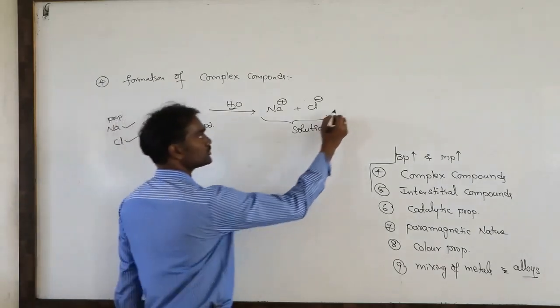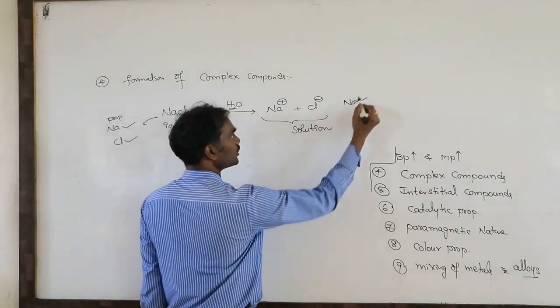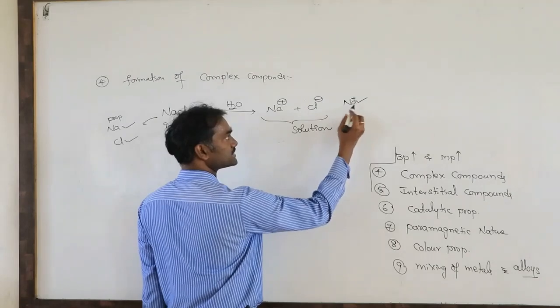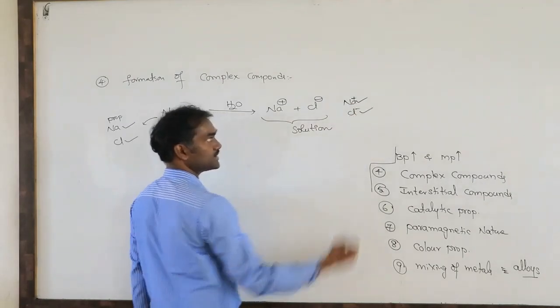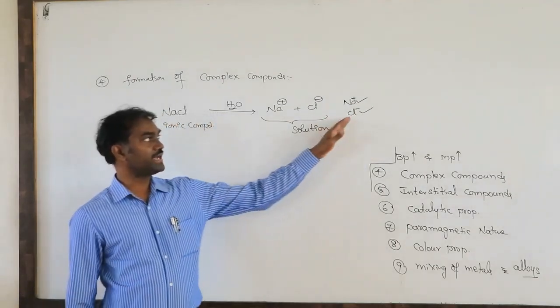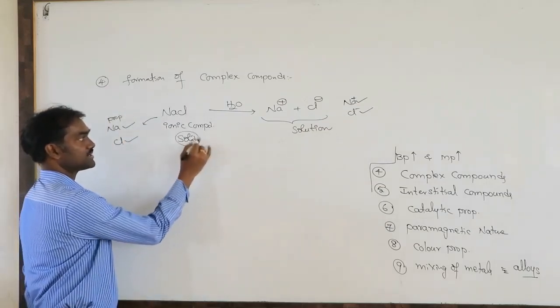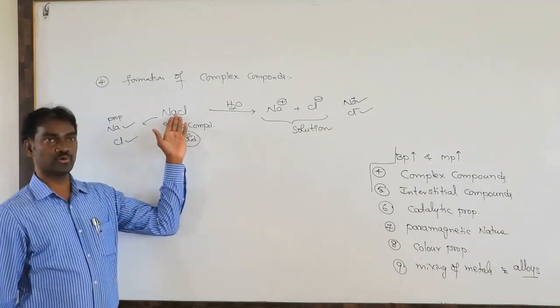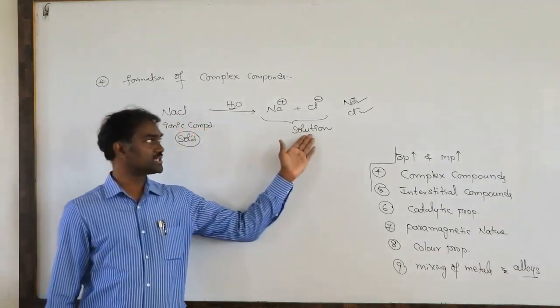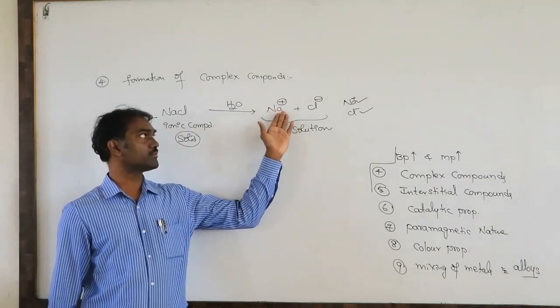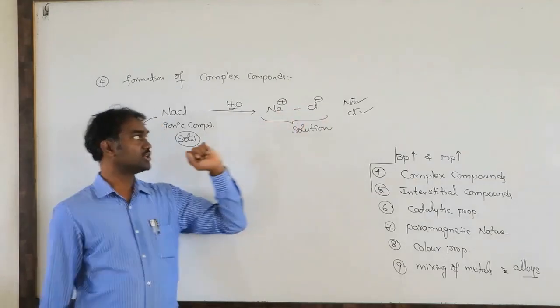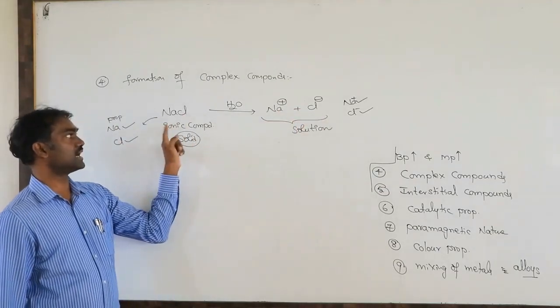Next you come to the solution. Here also the sodium ion property and Cl- property you can identify. In the solid state you can identify sodium and chloride, and in the solution state also you can identify sodium ion and chloride ions. So this is called a normal salt.